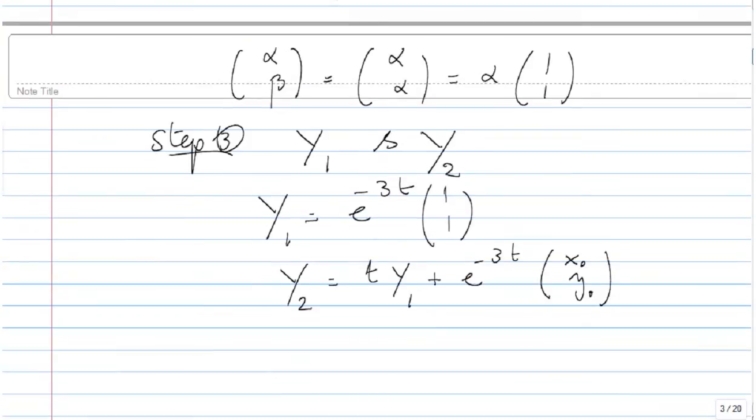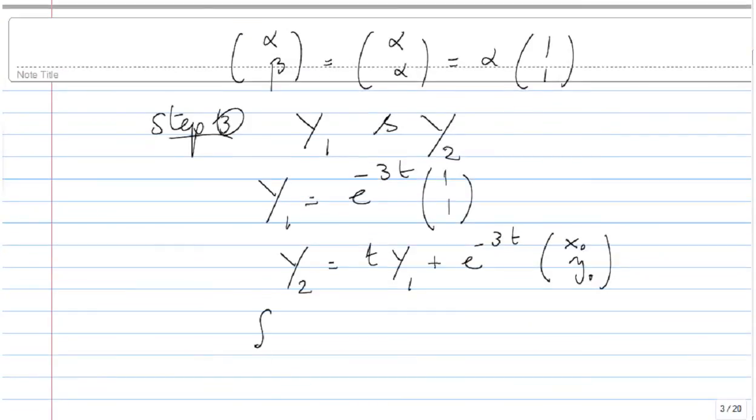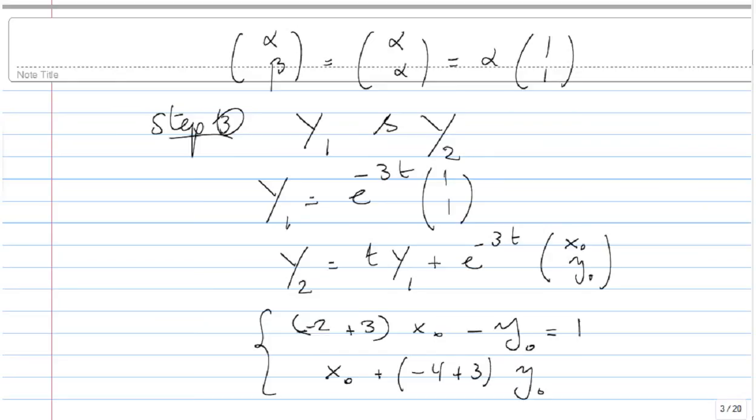Here we know everything except x0, y0, and in order to find x0, y0, we have the system again, A minus lambda: minus 2 plus 3 times x0, and then B, which is minus 1, so minus y0, equals 1, the eigenvector component, and the other one is x0 plus D, which is minus 4 plus 3, times y0 equals 1.